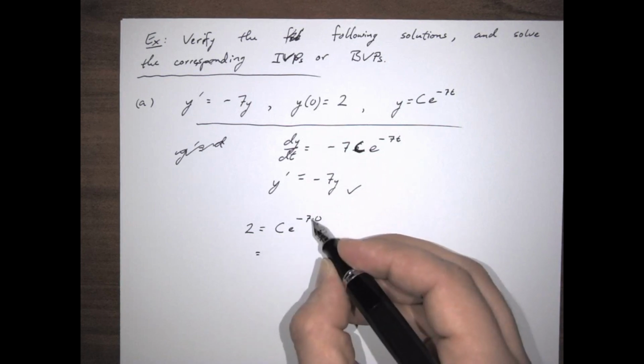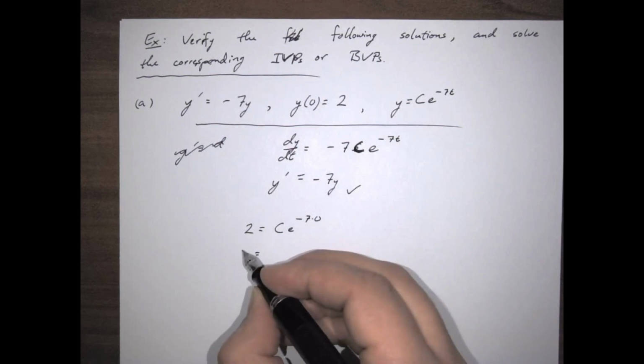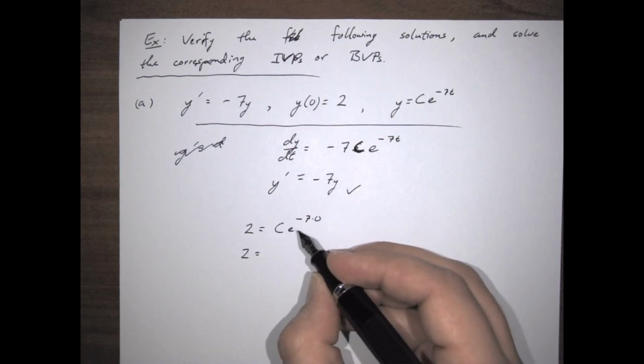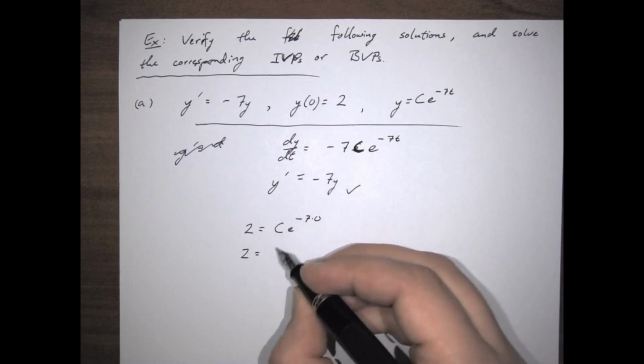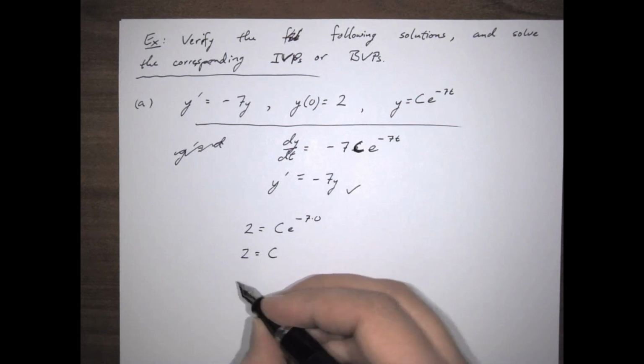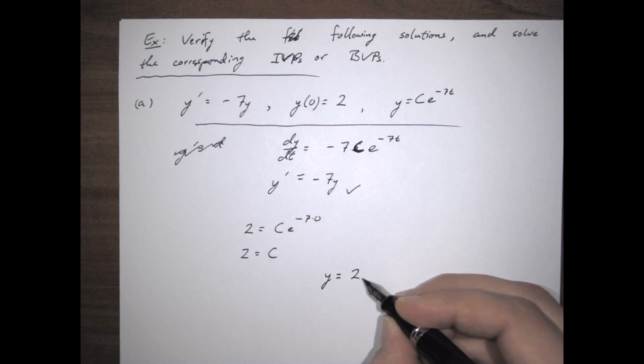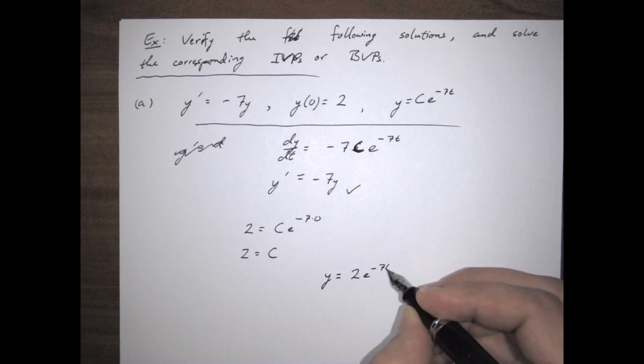So that's 0 in the exponent. Remember what e to the 0 is, like any other non-zero base: e to the 0 is just equal to 1. So that means c equals 2. So then finally our solution is y equals 2e to the negative 7t.